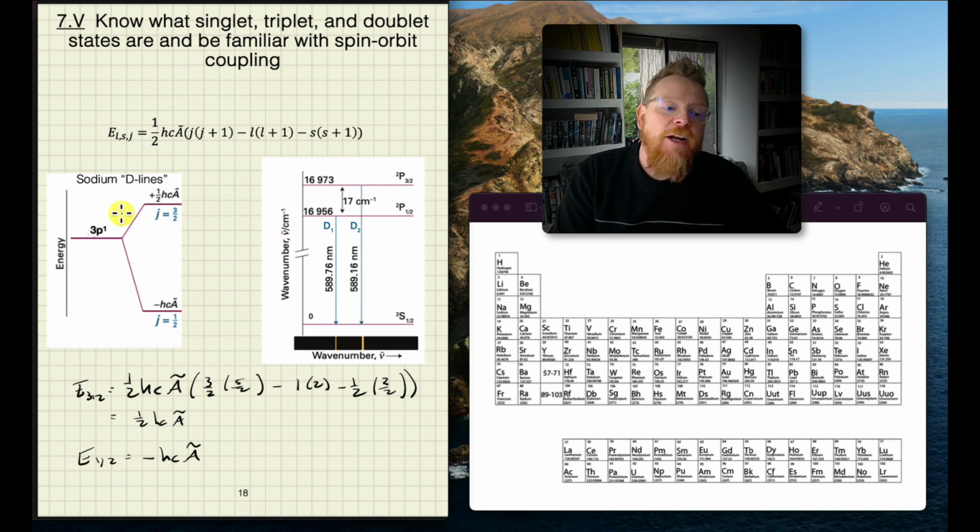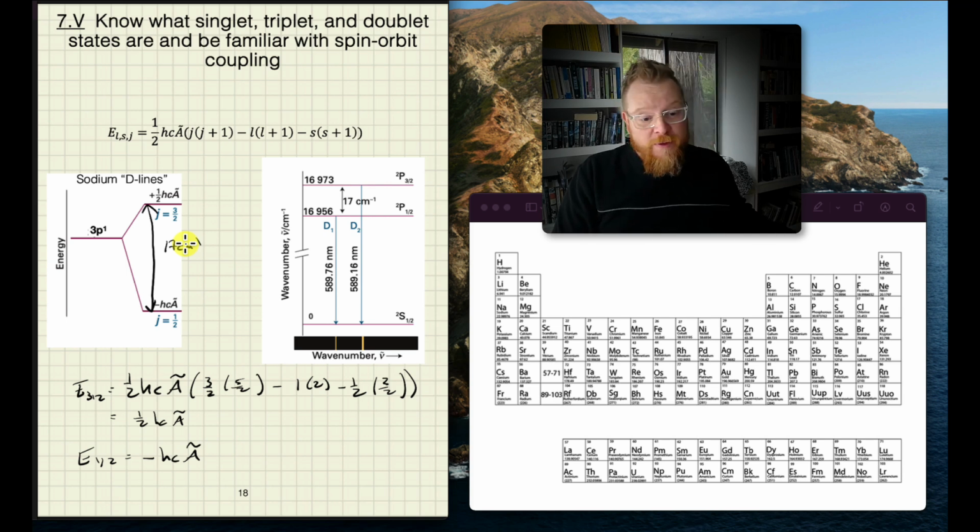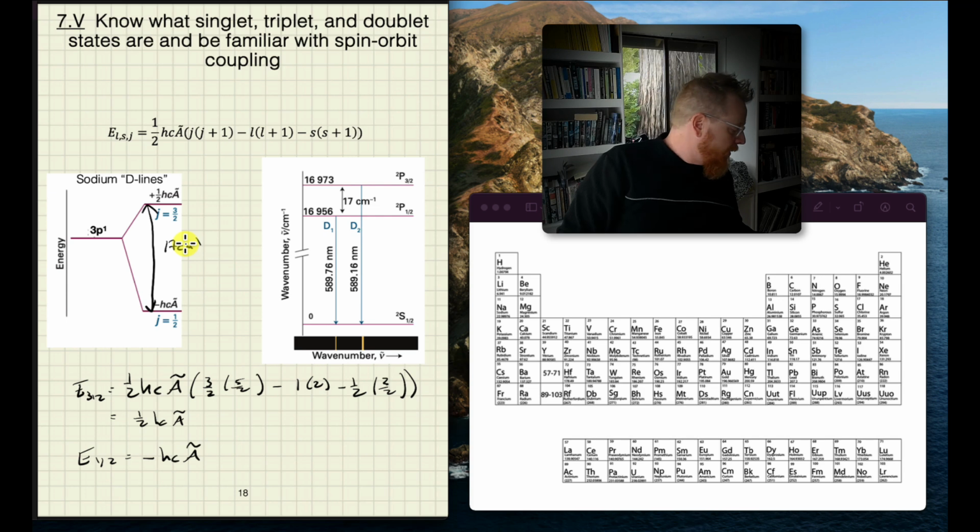So the spectrum shows us that there is a 17 wave number difference between these two lines. From that, we can work out what the spin orbit splitting constant must have been.